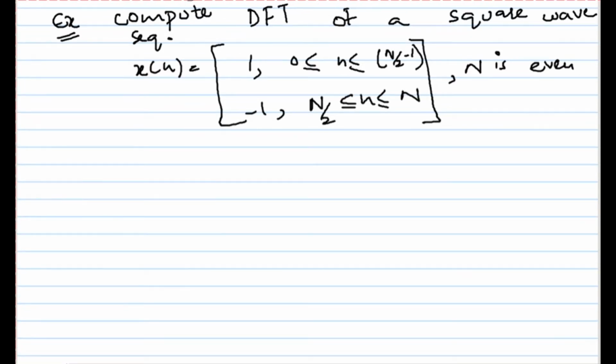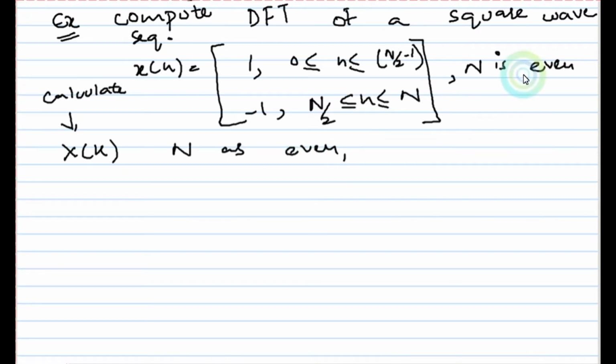Fine. So what we need to calculate is x of k, right? Also the second thing which is given here is N. N is given as even, right?